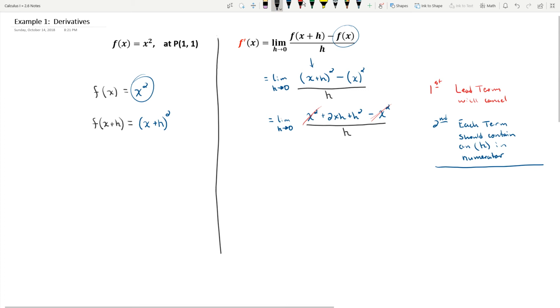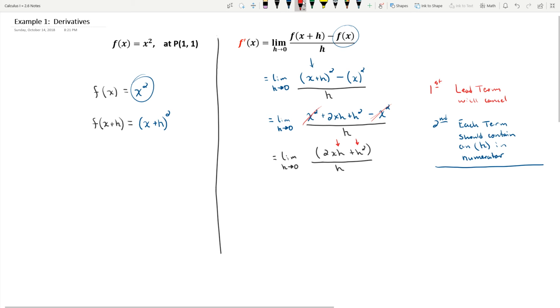So in this next step, we are going to say the limit as h approaches 0 of 2xh plus h squared over h. And as you can see, I have an h in each term.